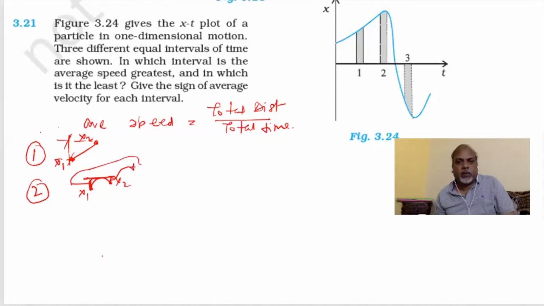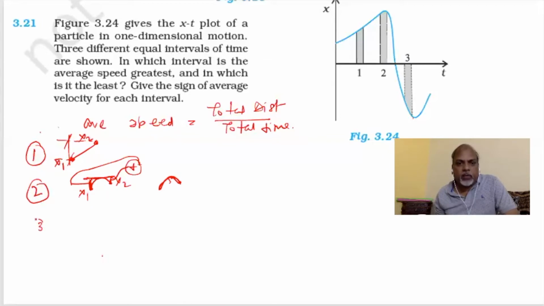This plus this will be the total distance, because it is going like this and then coming back. But since speed is a scalar quantity, you don't have to bother about whether x is increasing or decreasing.